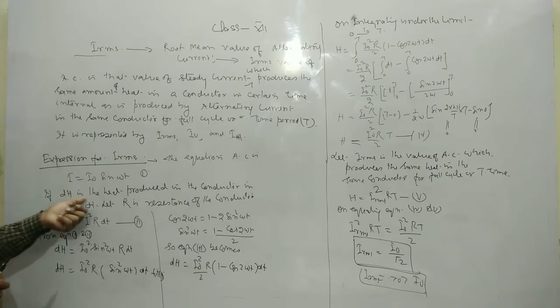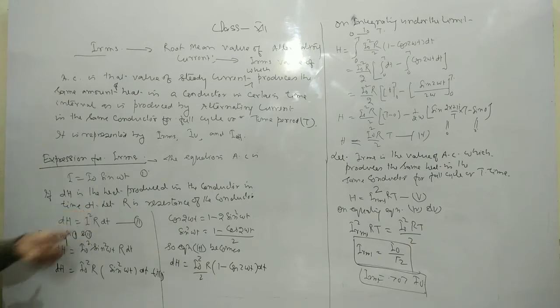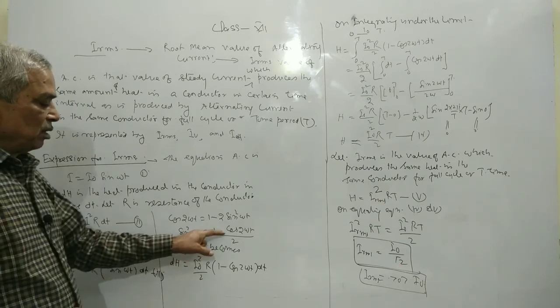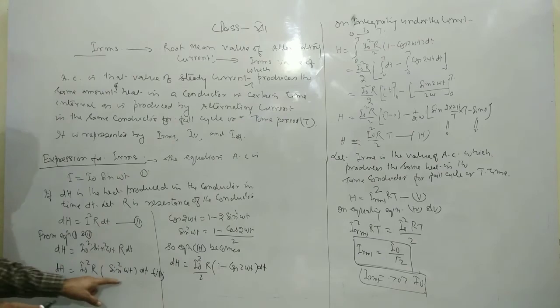If dH is the heat produced in the conductor in time dt, then dH is equal to I square R dt. The value of I is substituted from here, so the equation becomes this, and sin square omega t is converted into 1 minus cos 2 omega t upon 2. So this value is placed here.